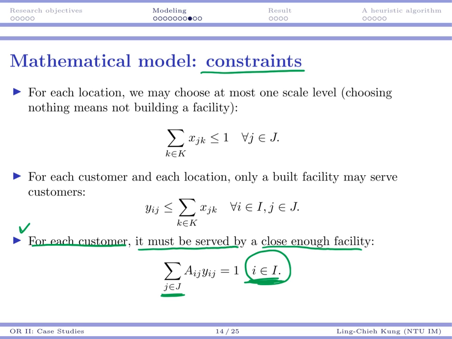This is the small a_ij. There must be exactly one facility that is open, assigned to the customer, and close enough. We need to have one close enough facility assigned to each customer.